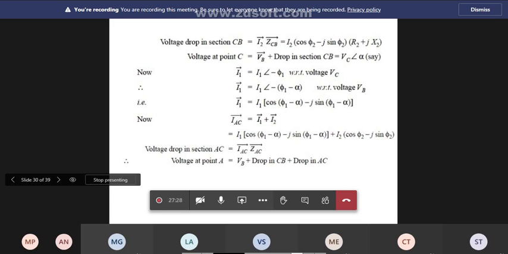Current at each section is the important one, so we subtract the load power factor angle from the individual power factor angle. Then we get I1 plus I2. Then I_AC, Z_AC. Voltage at point A is the receiving end voltage plus the drop in CB plus the drop in AC, as usual.